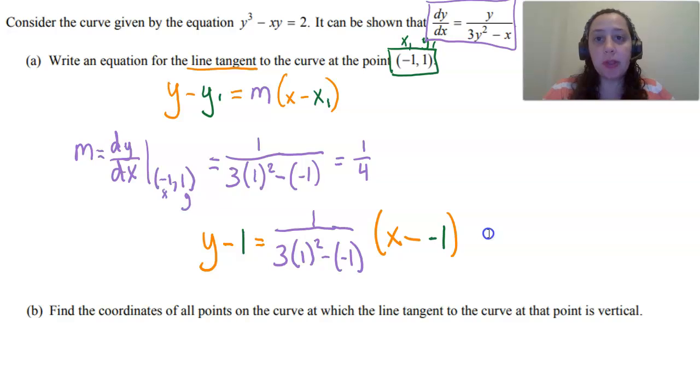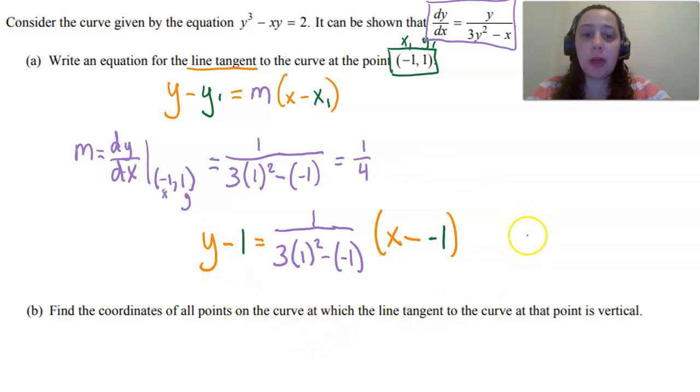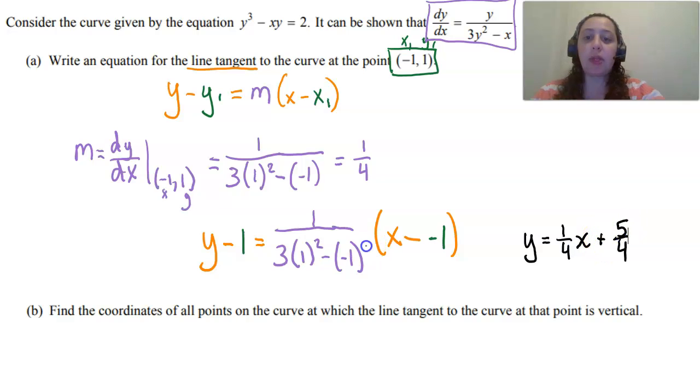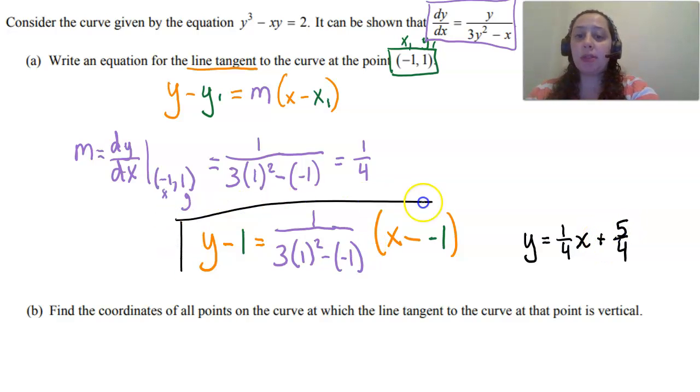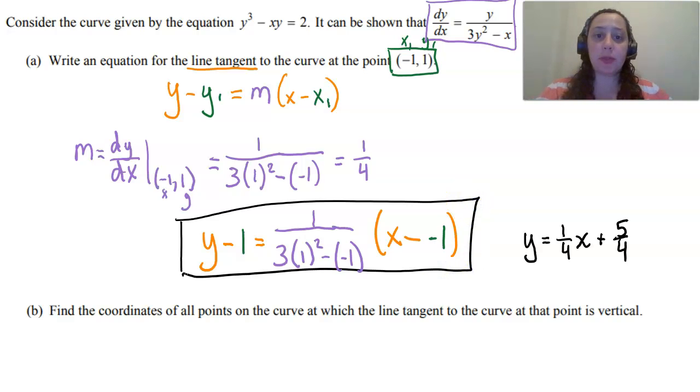I don't want to get points off for simplifying or for algebra mistakes. So I'm going to leave it like that. If, however, you did simplify and put it into y equals mx plus b form, this is the answer that you should get. But again, leaving it messy is the way to go on a free response.